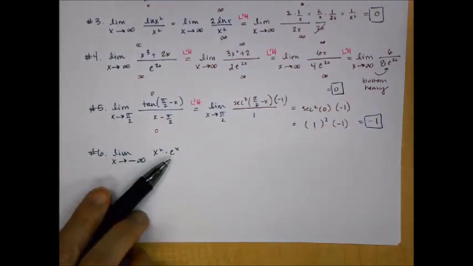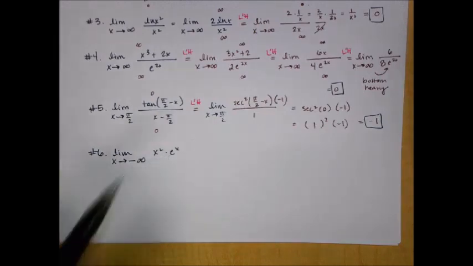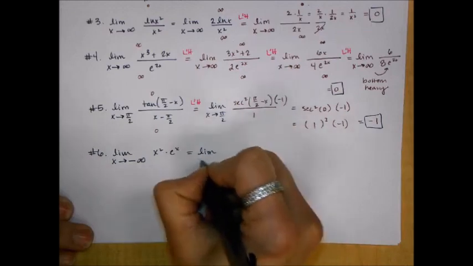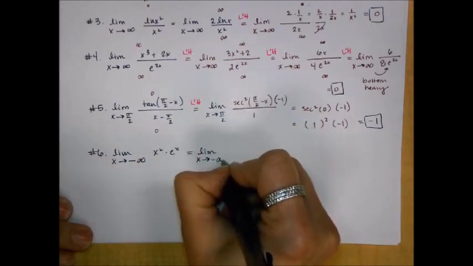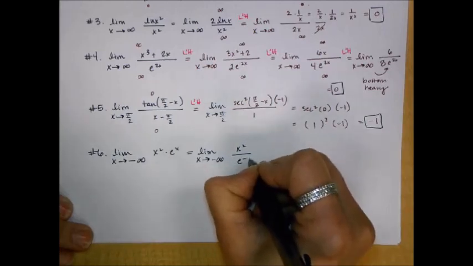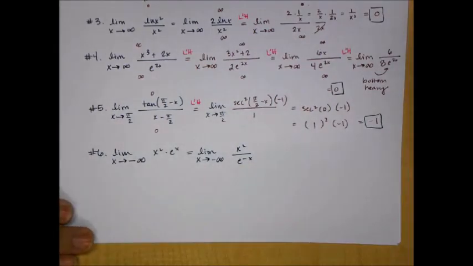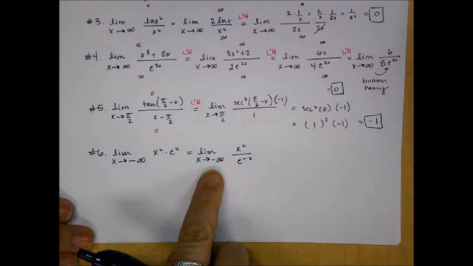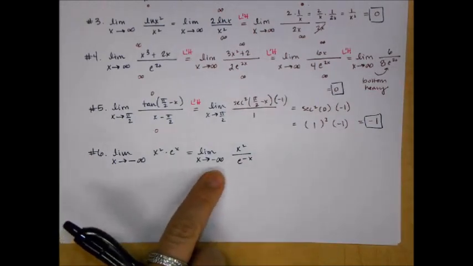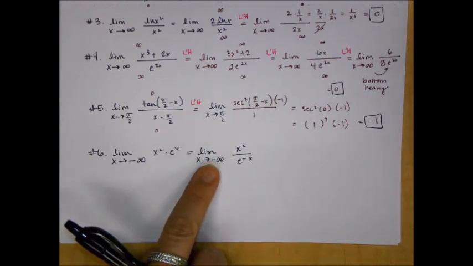So we're going to rewrite it first. So x squared over e to the -x. So again, you could figure this out pretty easily by comparing the rates of growth of the function, but x is approaching -infinity. So when I square that, you do end up with a very big number.